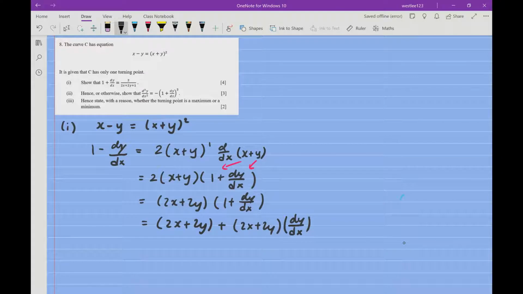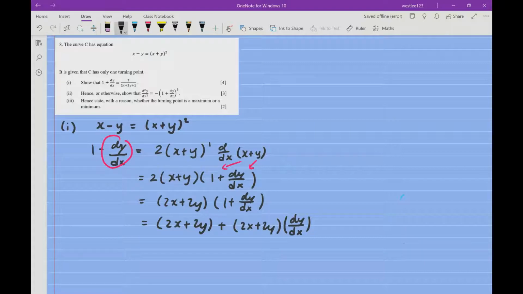And then after that, we are supposed to prove that 1 plus dy dx equals 2 over 2x plus 2y plus 1. So we bring all the terms with dy dx onto one side. So let's say we bring this over to the right-hand side.